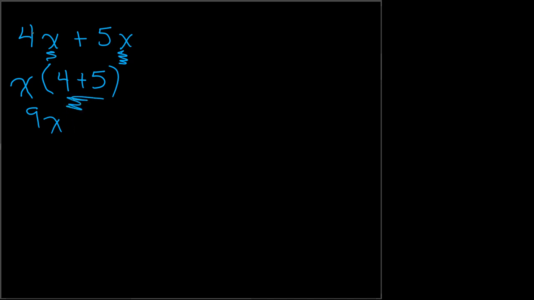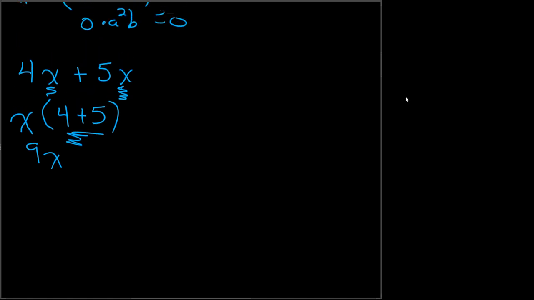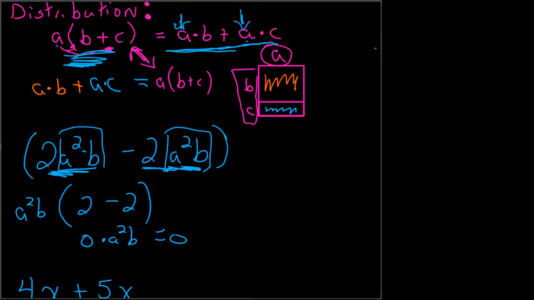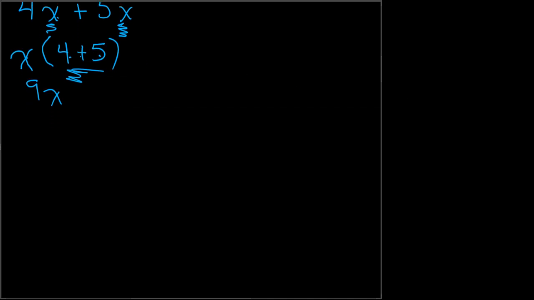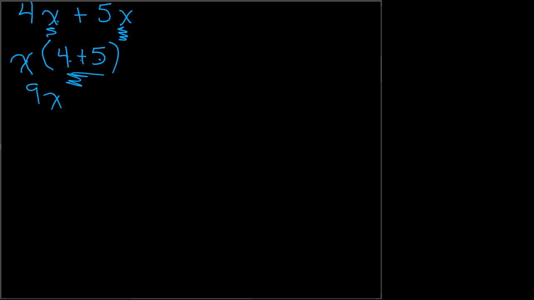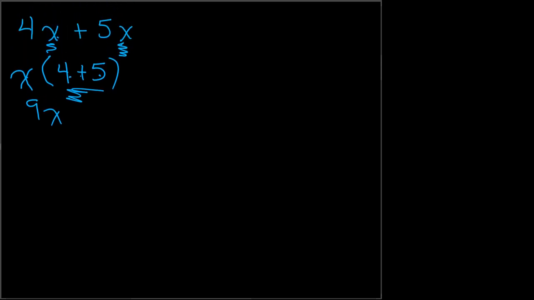It's the same as adding up how many x's I have. Notice, the same part I had down here was the x's, and the same part comes out front, and I'm left with the 4 plus 5. So this idea of collecting like terms is using the distribution property. It comes from our property of real numbers.